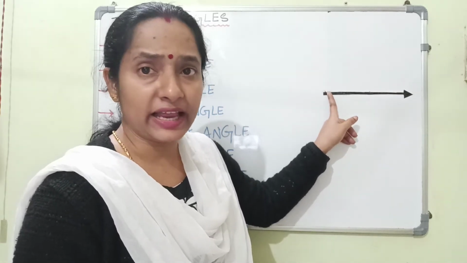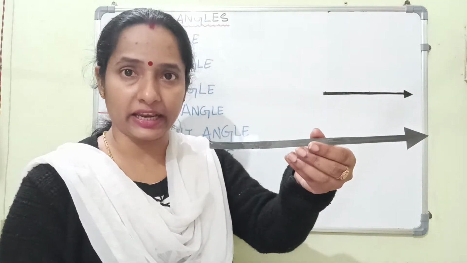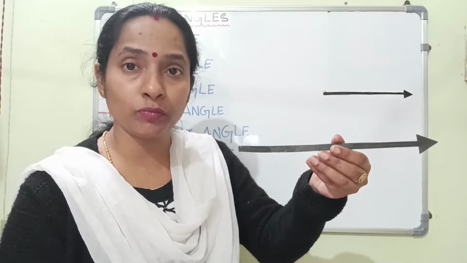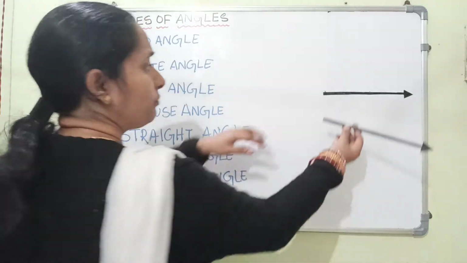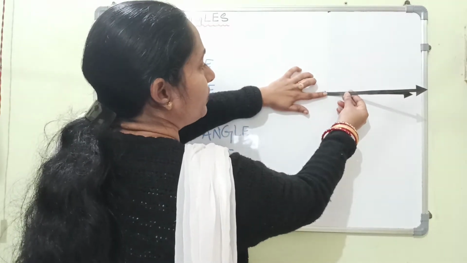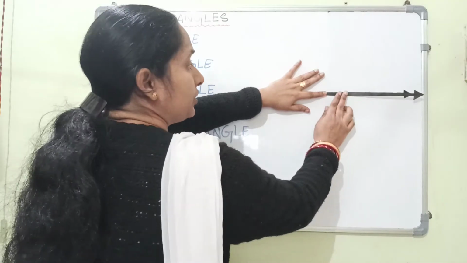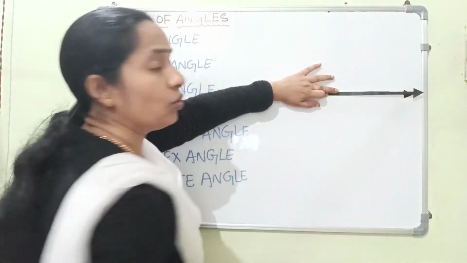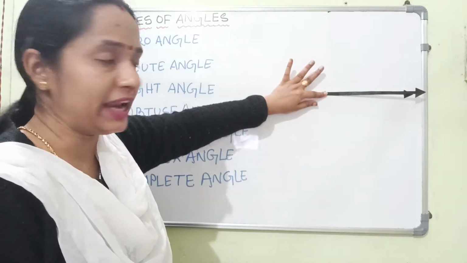So an angle cannot be formed with one ray, so I have taken another ray. As an angle can be formed by two rays that have a common endpoint, I am going to make both the endpoints common by overlapping them on each other. Now you can observe this. Now both the rays are overlapping on each other and also they have a common endpoint.